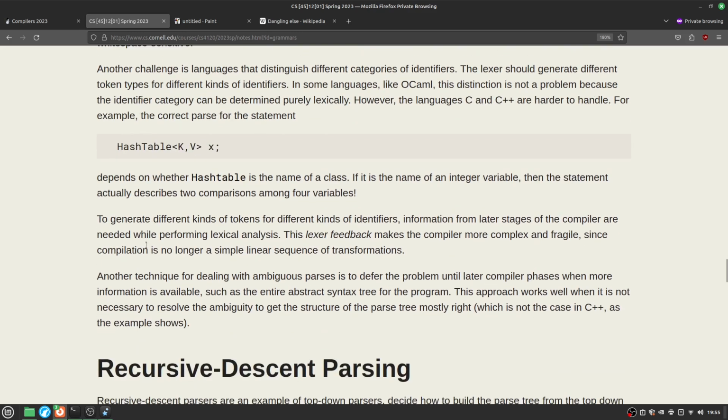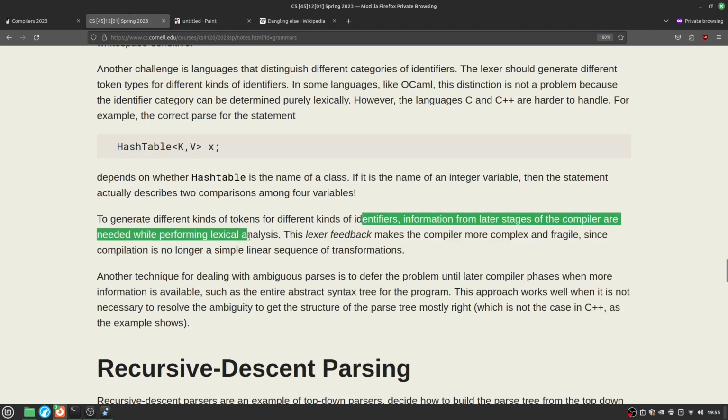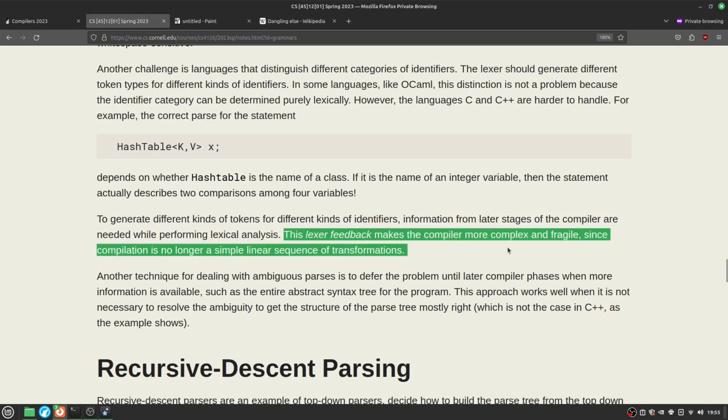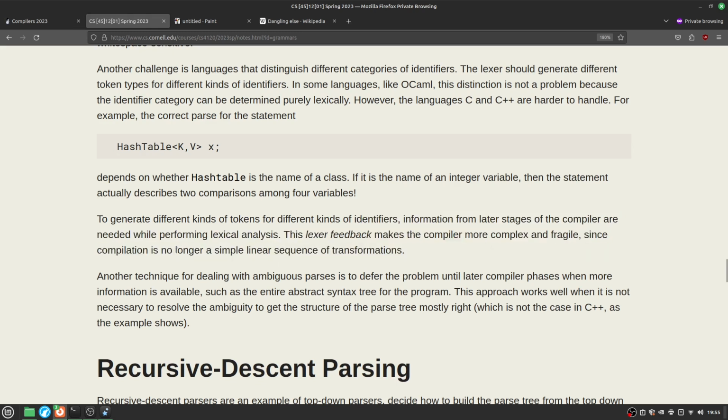To generate different kinds of tokens for different kinds of identifiers, information from later stages of the compiler is needed while performing lexical analysis. This lexer feedback makes the compiler more complex and fragile since compilation is no longer a simple linear sequence of transformations.